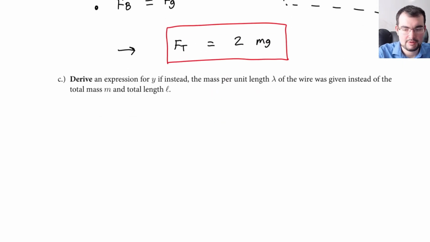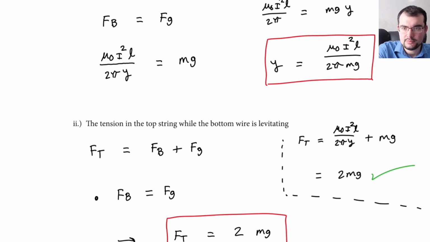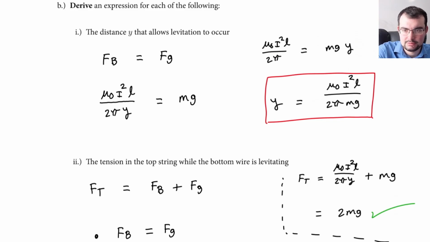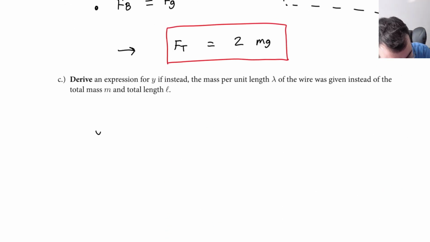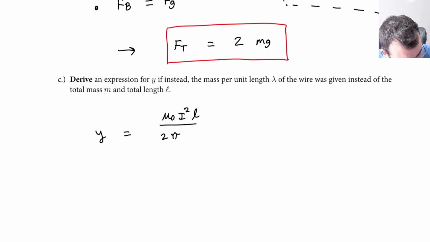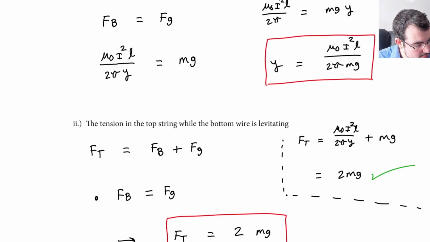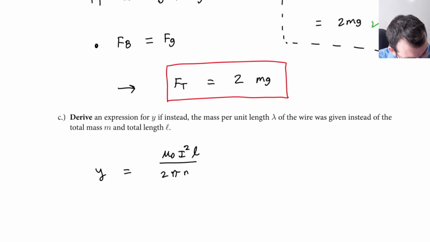What if instead of giving mass, because we're saying we have a really long wire, what if instead of mass, we gave the mass per unit length? How would that determine our y? Well, we can actually just do the same sort of thing. So we actually solved for y. Y was equal to mu naught I squared L over 2 pi mg.